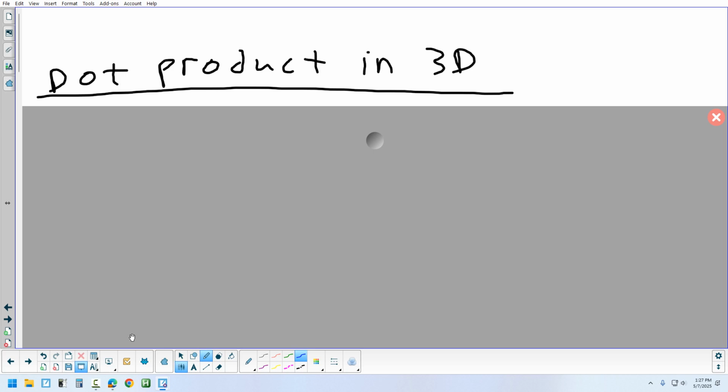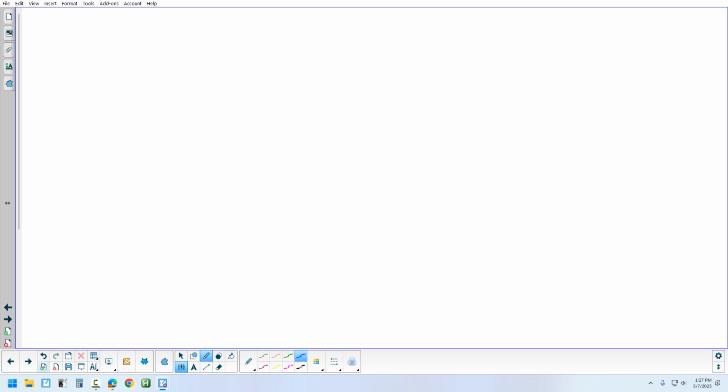Okay, dot product in 3D. Well, what was our dot product if I had something like, let's say, 2i plus 4j and negative 5i plus 5j? How do you find the dot product between these two? Wouldn't it be 2 cosine? Wait, no, there's no sine or cosine in dot product.